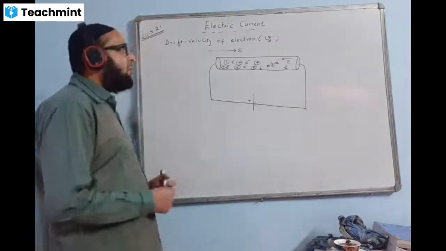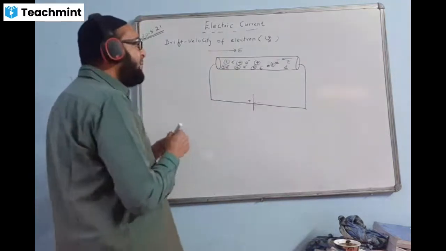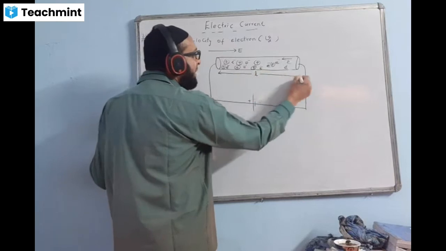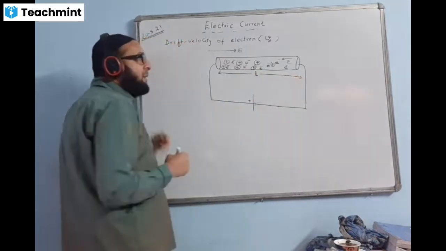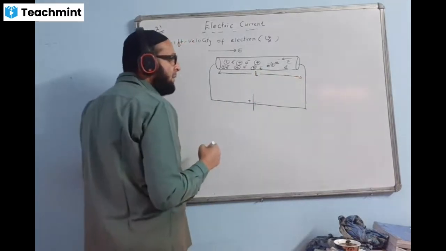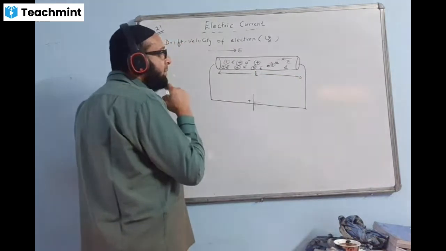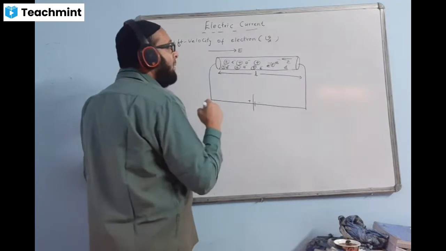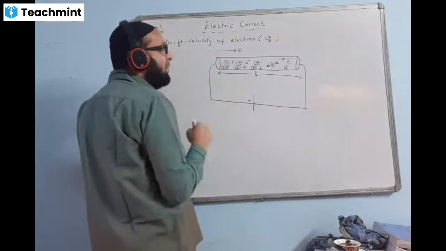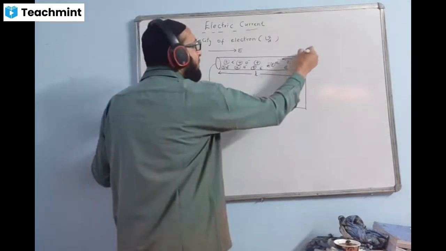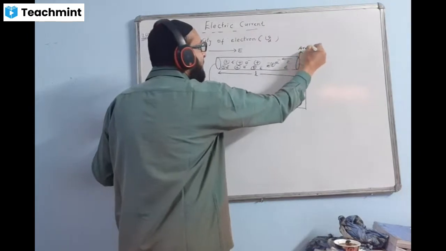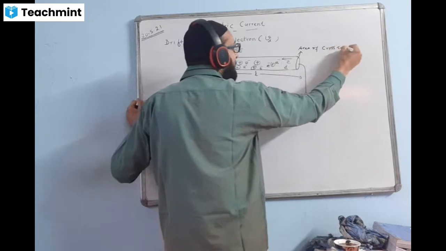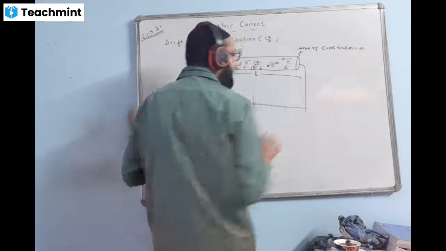For this also, we'll draw the same diagram, and we'll mark this length as L. The length of the conductor I'll take as L, and the area of cross section equal to A. Just mention that.